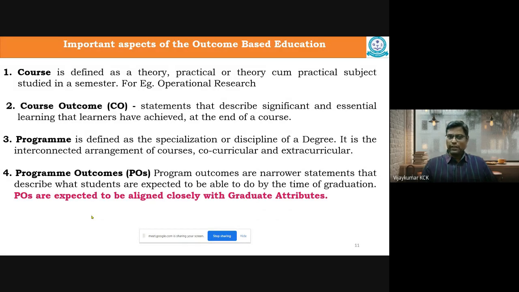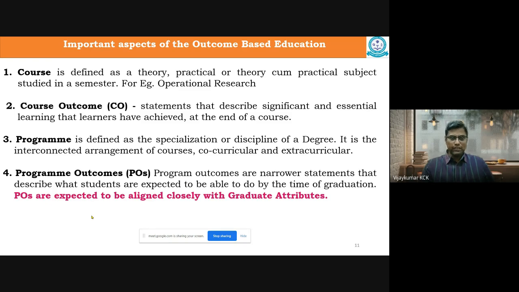The next is program. Program is nothing but a degree. Earlier days we used to refer to them as branches or departments, but degree is a very specific mention as far as the program is concerned. The program outcome is similar to the course outcome, but this is with respect to the specialization.